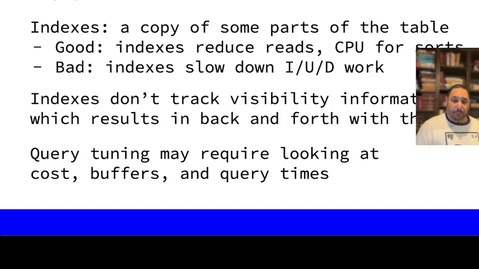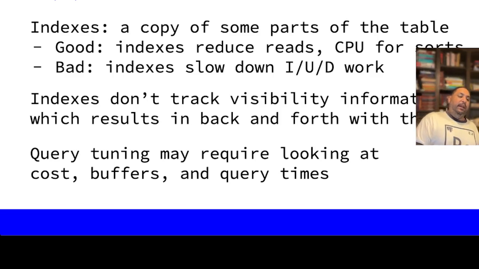All right, let's sum that up a little bit. Let's make sure you got all that before we move forward here. Remember, indexes are essentially a copy of some parts of the table. We designate what those parts are when we define the columns that are going to be in those indexes. The upside of the index is that it reduces reads, generally speaking, right? And we also remove CPU for sorts if we have sort operations.